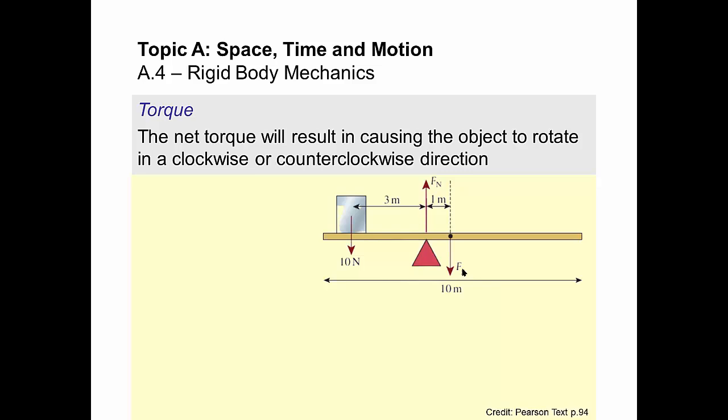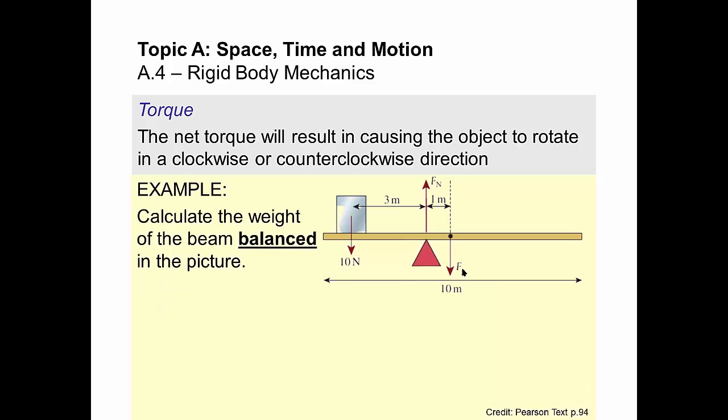Now, the net torque will result in causing the object to rotate in a clockwise or counterclockwise direction unless it's balanced. So let's look at this example. Let's calculate the weight of the beam of a balance, which is balanced in this picture. So we have to basically show that since it's balanced, the clockwise torque will be equal to the anti-clockwise torque.